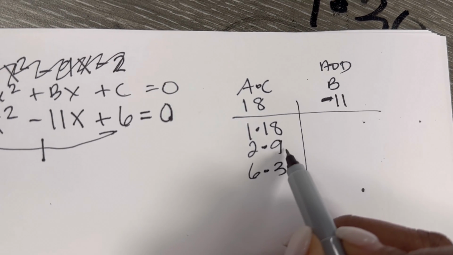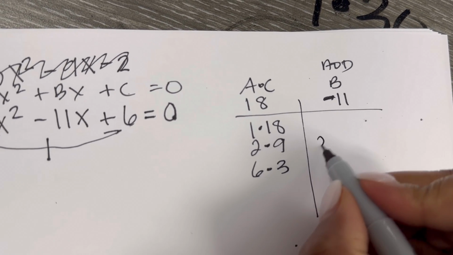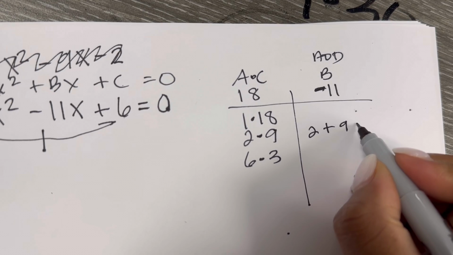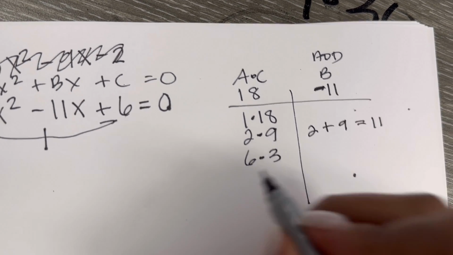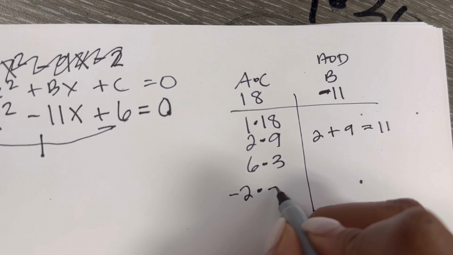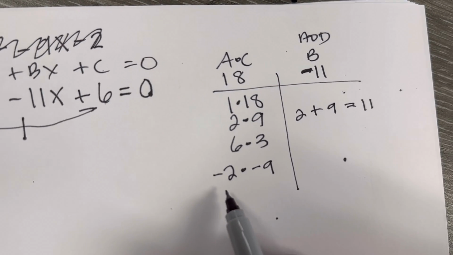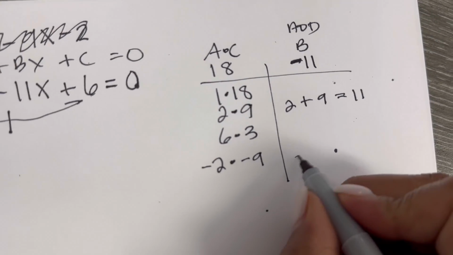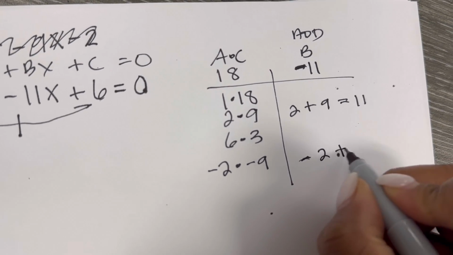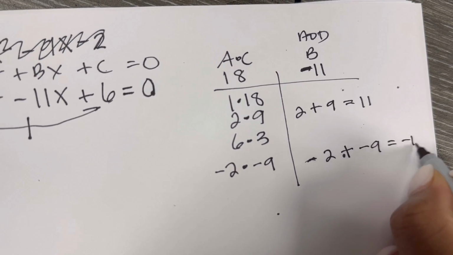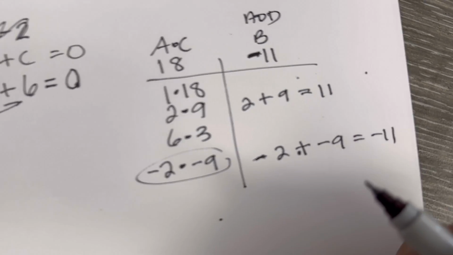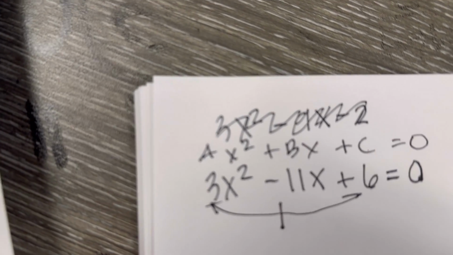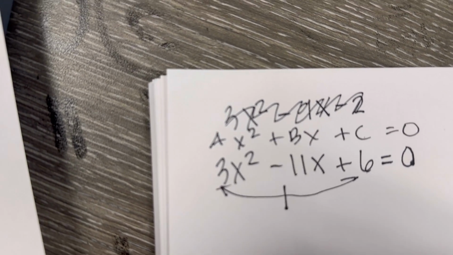2 times 9, right? Is 2 plus 9 negative 11? No. So what do we have to do? Oh, negative 2 times negative 9. That works. Negative 2 times negative 9 is a positive 18. But when you add the numbers, remember it's a puzzle, it's negative 11. So we found our magic numbers, circle them. When you do this a times c thing right here, you have to group.